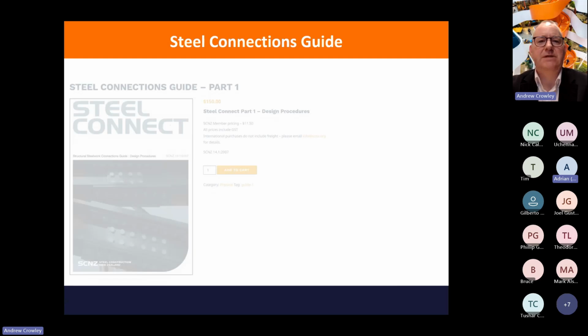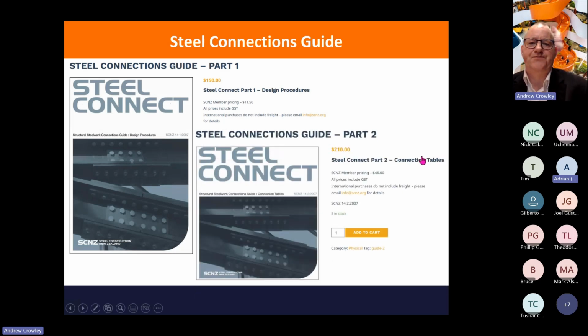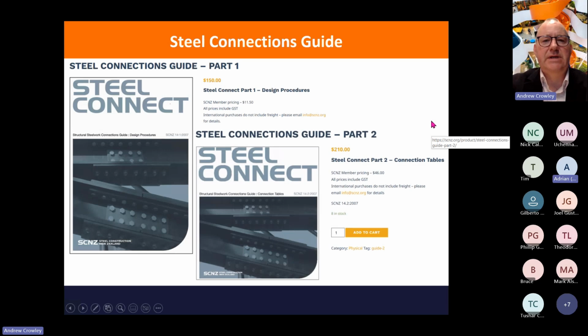Okay, coming back to your steel connections guide. So this is the main reference if you're in New Zealand, and you've got part 1 and part 2. So 1 tells you all the theory and explains how you design connections, and then the other book actually gives you the connections themselves. So if you're not a member, they're extortionately priced, but if you are a member, they're reasonably priced books.